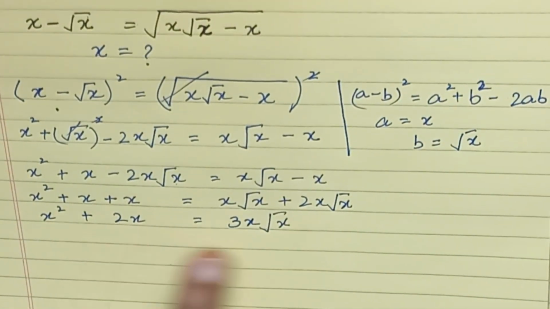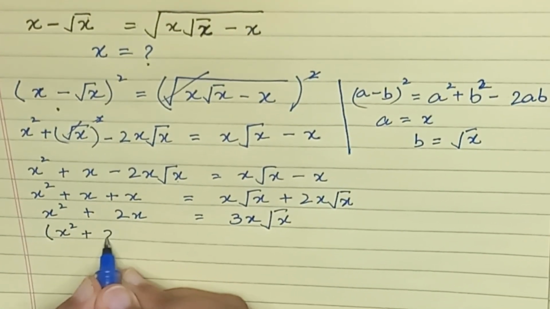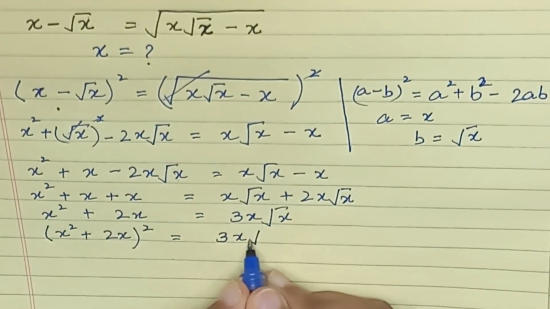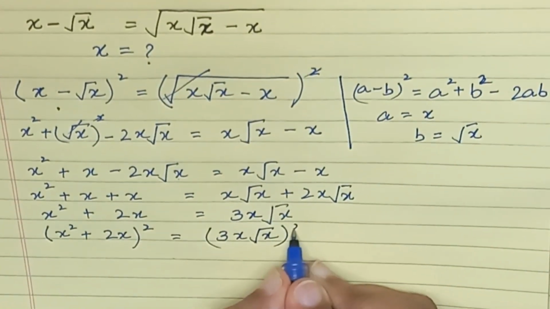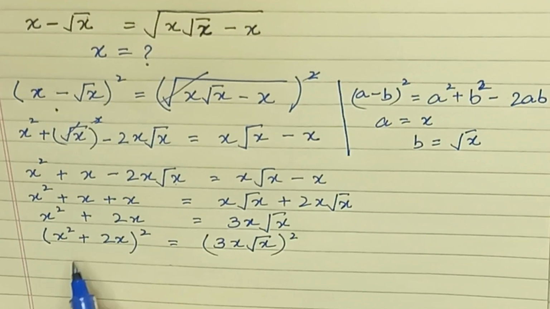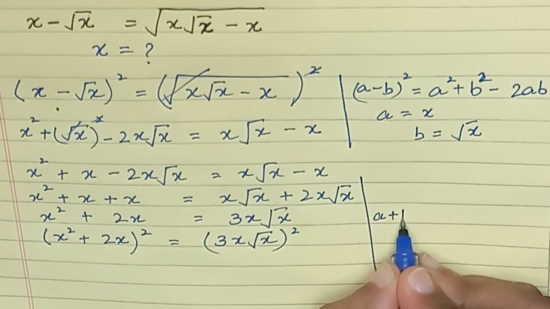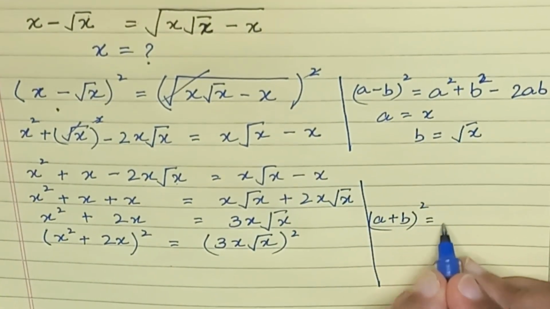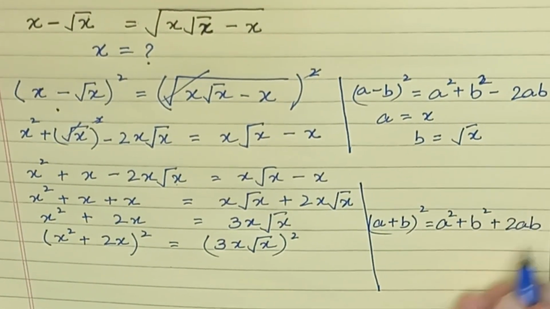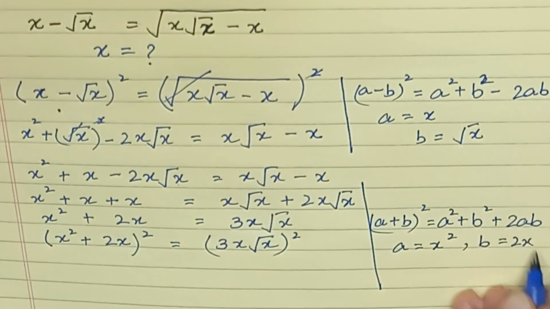Now we will again take the square on both sides. So (x square plus 2x) whole square is equal to (3x square root of x) whole square. Now on the left hand side we have the form of (a plus b) whole square, which is equal to a square plus b square plus 2ab, and here a is equal to x square and b is equal to 2x.